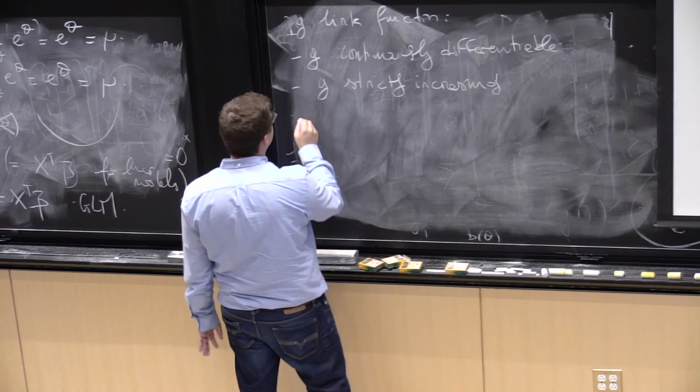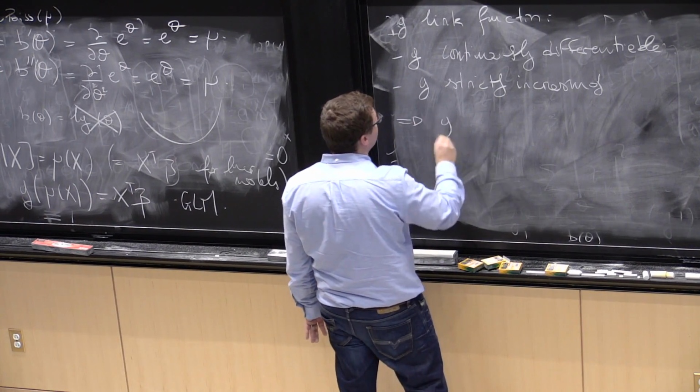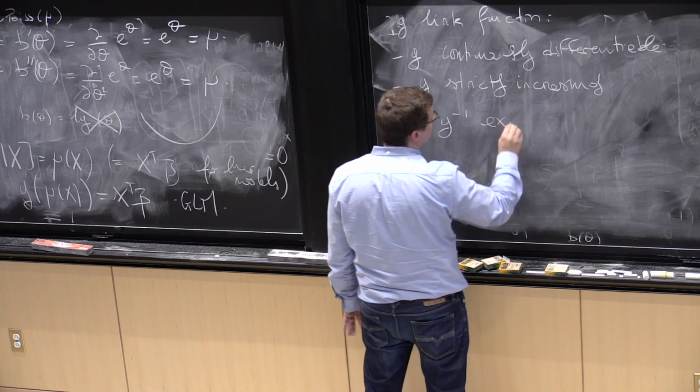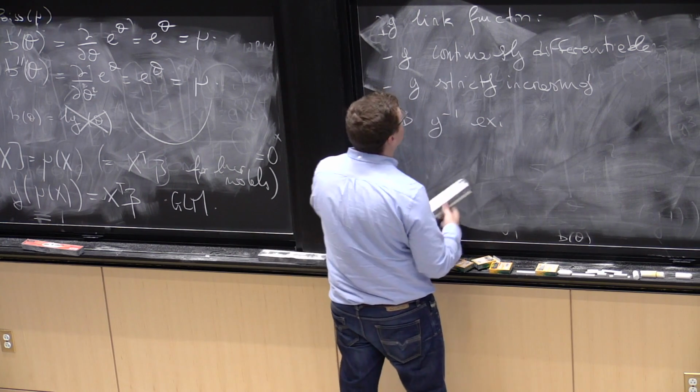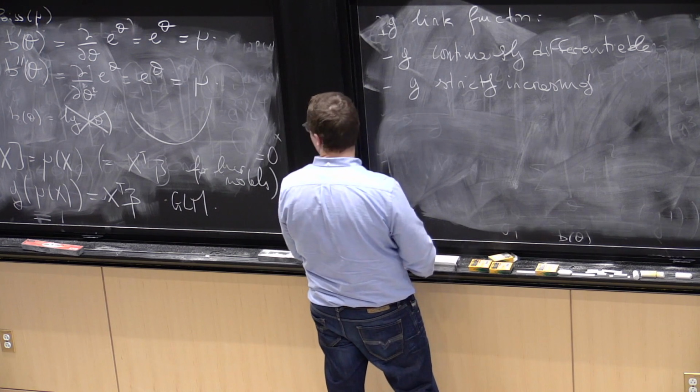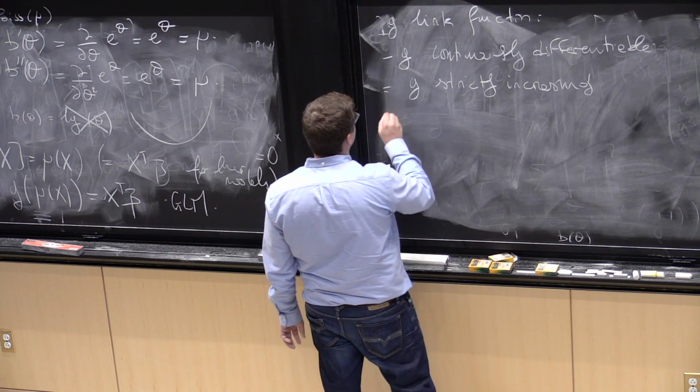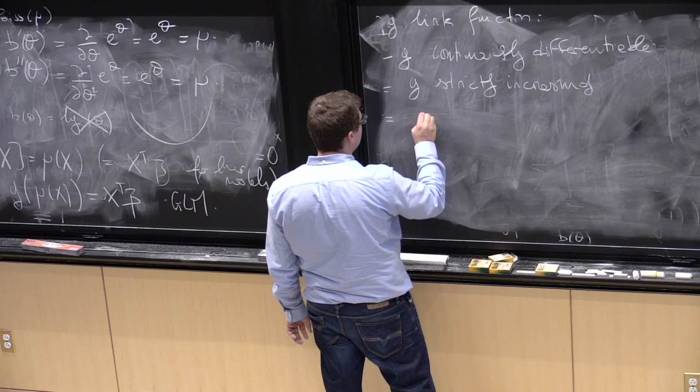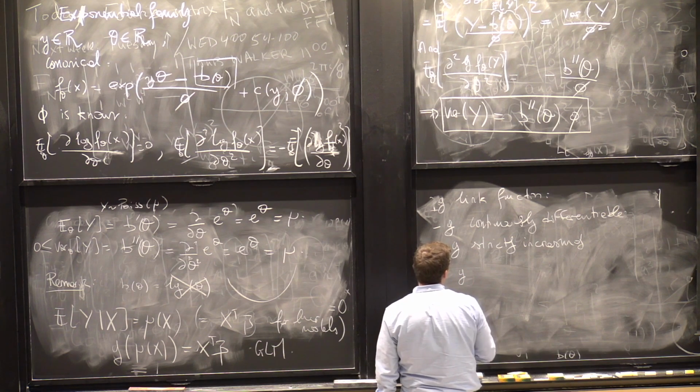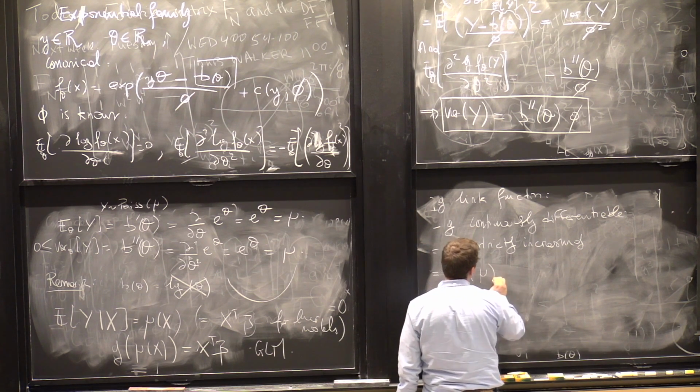And that actually implies that g inverse exists. Actually, that's not true. What I'm also going to want is that g of mu spans.